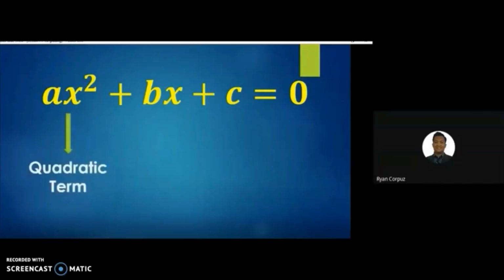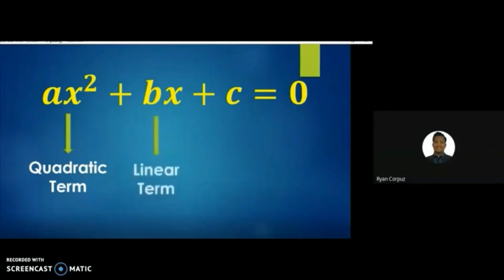That is the term by which we can determine that we are dealing with a quadratic equation. If the quadratic term is not present in the given equation, then it is not called a quadratic equation. The quadratic term is the term where you can see the highest exponent, which is 2. So we call that the quadratic term.